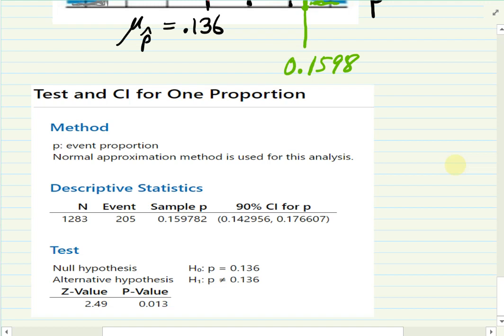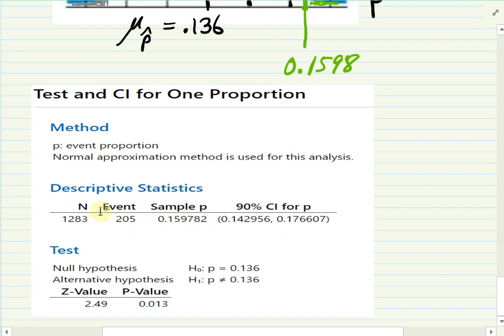Now look at our confidence interval. Our confidence interval, 90%, runs from anywhere between 14 to almost 18% users now, let's say this year, of those substances in that age category, 18 to 25-year-olds. The true percentage could lie somewhere between 14 to 18%. Okay, and the sample percentage shows about 16%.